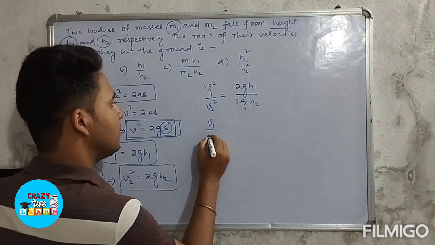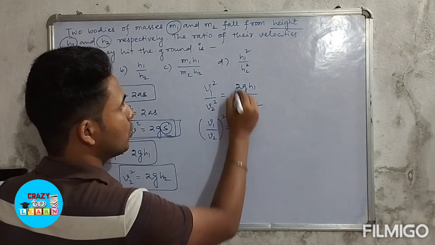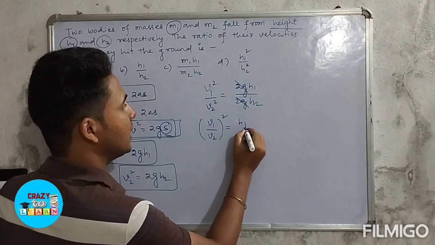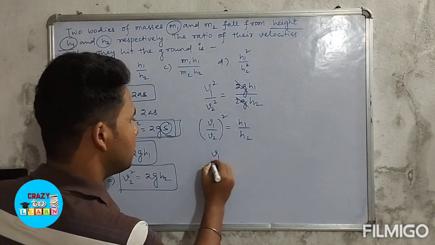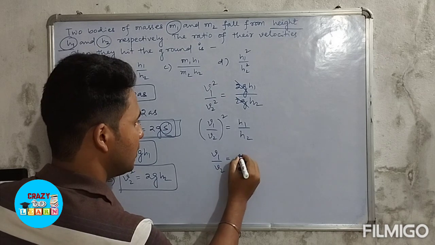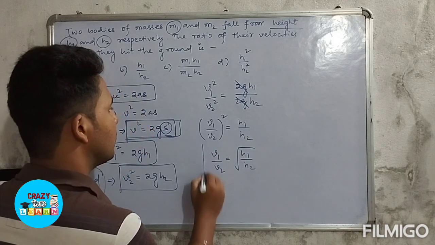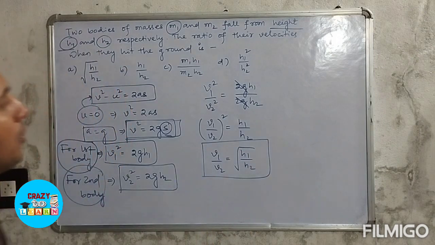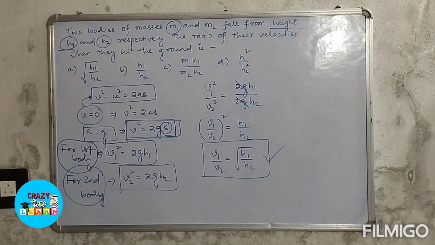So v1 by v2 whole square is equal to h1 by h2, as 2g cancels. So the ratio v1 by v2 is equal to the square root of h1 by h2. So option A is the correct one. Are you all clear?